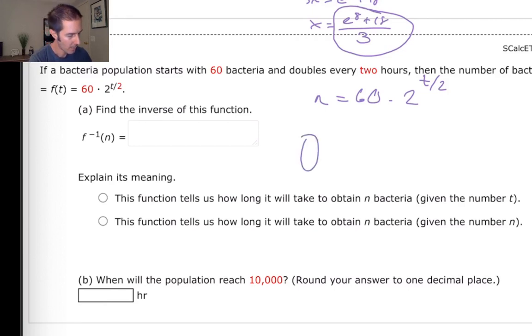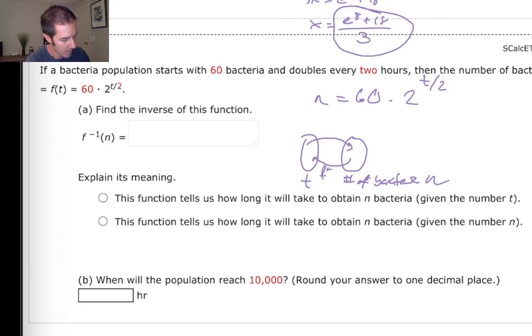So the domain is time values and the range is number of bacteria, which is represented by n. So our original function is mapping in this way, which means our inverse function is mapping in this way. F to the negative first power, f inverse.